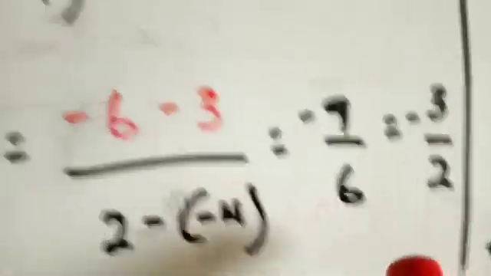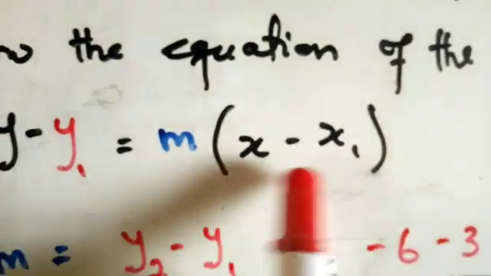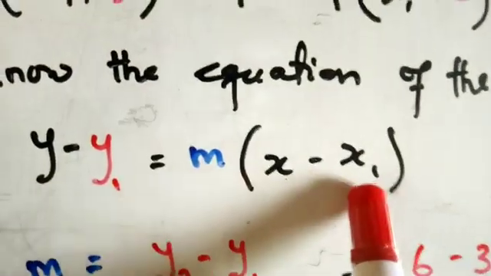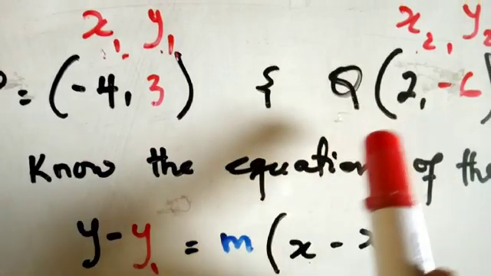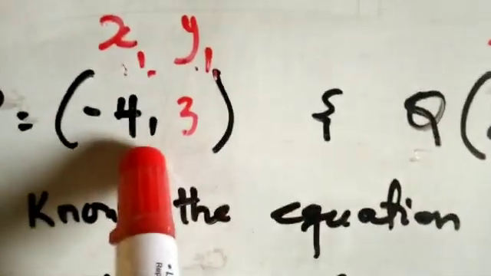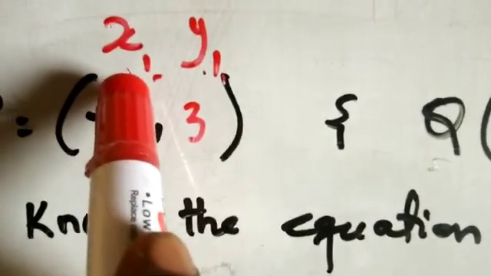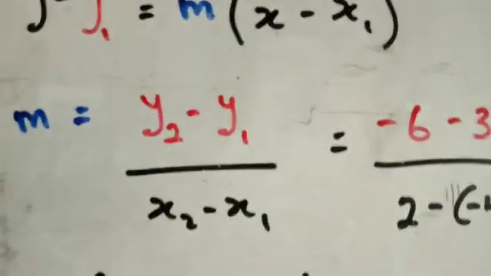Now that we know the gradient, we need it to find the equation of the line, as well as the x1 and the y1. This x1 and y1 can be either of the two points, but to avoid confusion, you should go for this one.